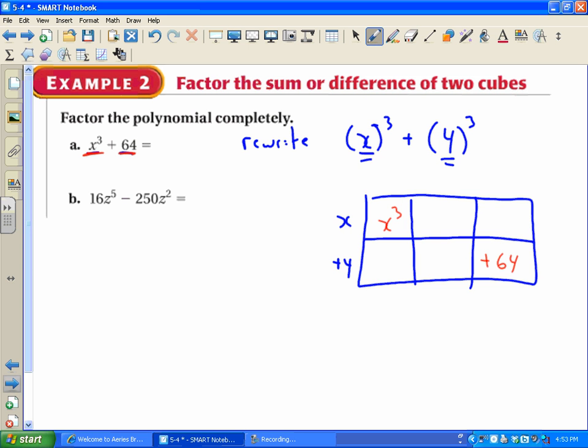I know all my middle terms now because all I have is x cubed plus 64. All my middle terms will have to drop out. So if I know that all my middle terms will drop out, I'm going to work backwards to solve for this box.